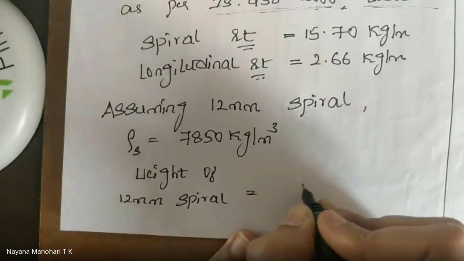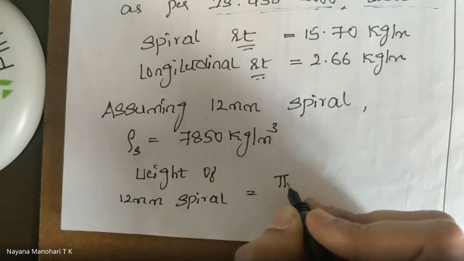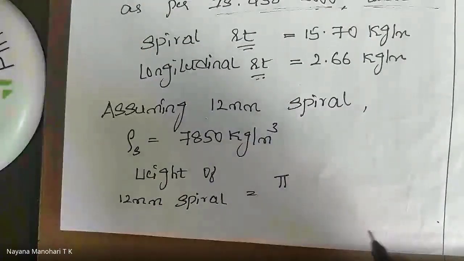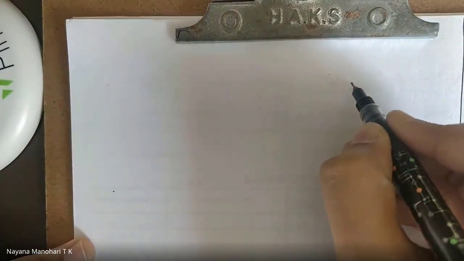Okay, that is the area of that spiral, that is pi d square divided by 4. Okay. I will show you that. 1 second. Observe in this figure.